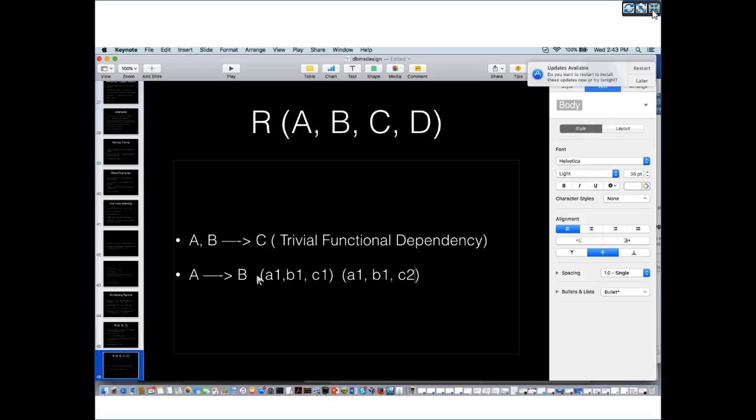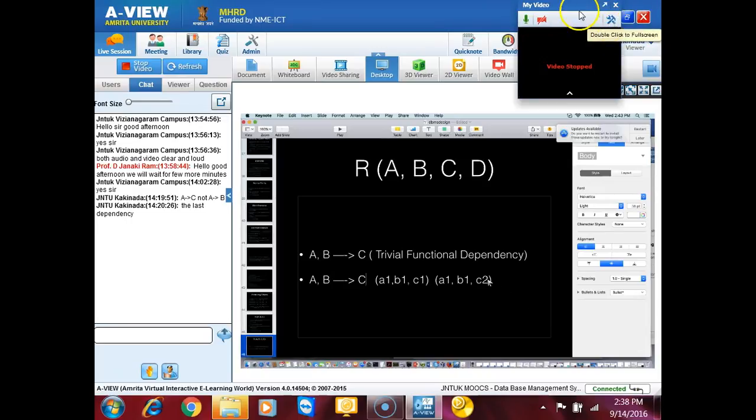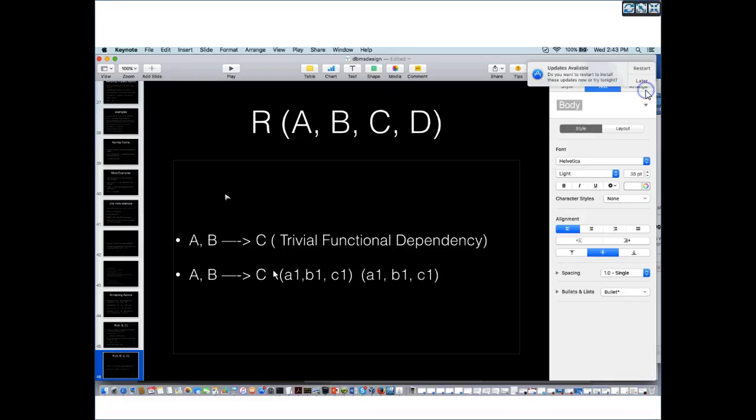For this functional dependency, A, B to C, if there are two tuples that agree on the value of A and B, they have to agree on the value of C. So this has to be only C1 here, as far as this functional dependency is concerned.